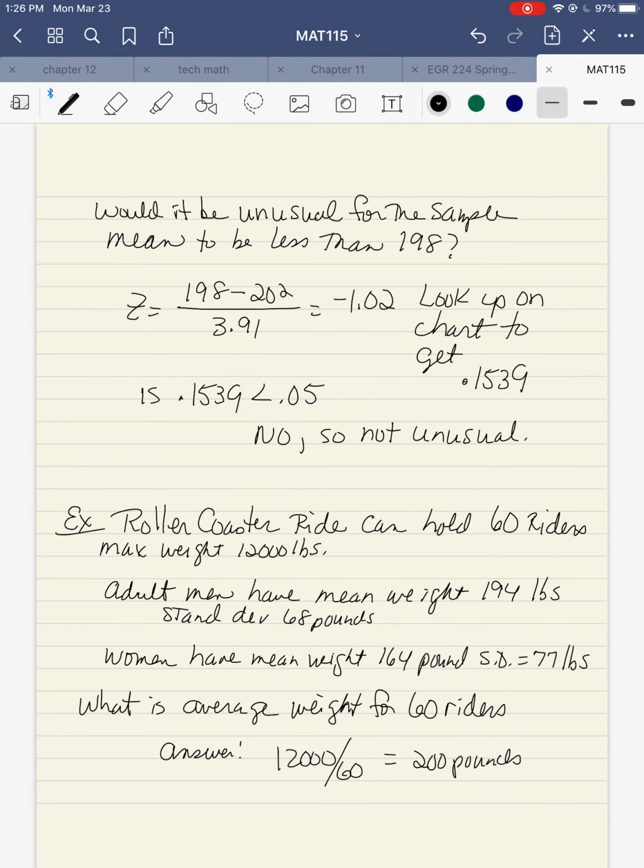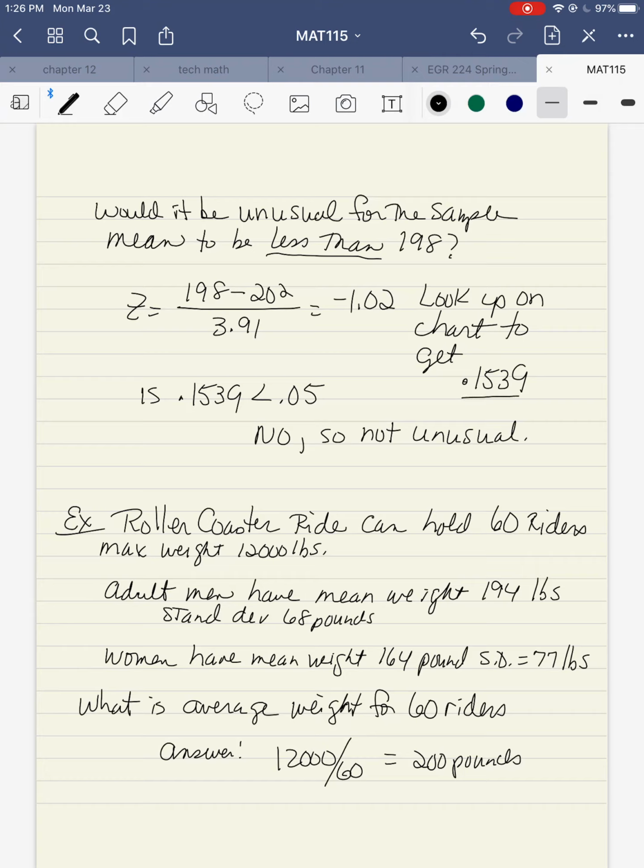The next problem, would it be unusual for the sample mean to be less than 198? So this is a less than problem. So when I look it up on table A2, that will be my answer, but first I have to calculate z. 198 minus 202 divided by 3.91, that calculates out to be a minus 1.02. I look that up on the chart and I get 0.1539 because this is a less than problem.